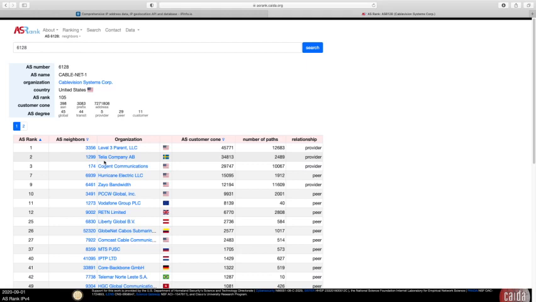So if you change your service provider, your ASN rank is going to change, because it's all based on the network that you're on, your ISP. In my case here, you can see that I only have 2 pages, but I used to have Verizon, and I just switched from Verizon to Cablevision because of the rates.